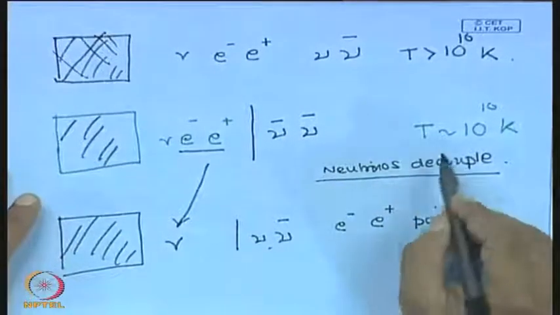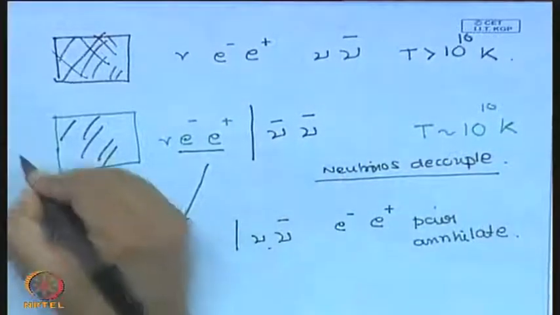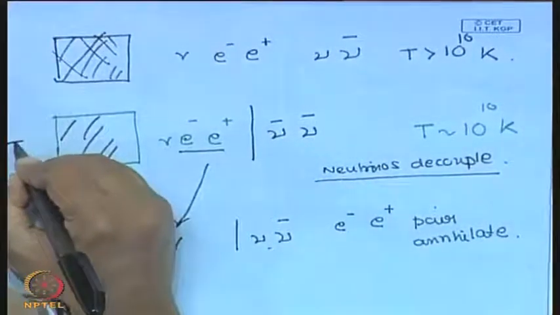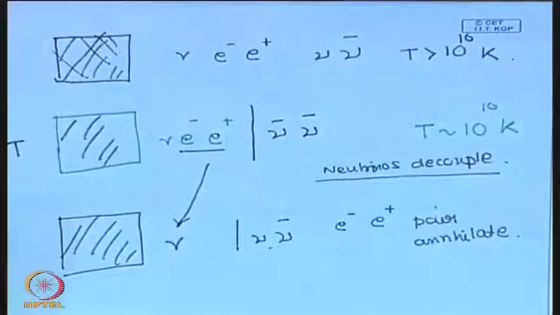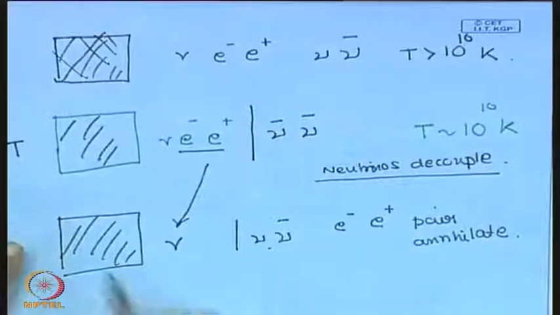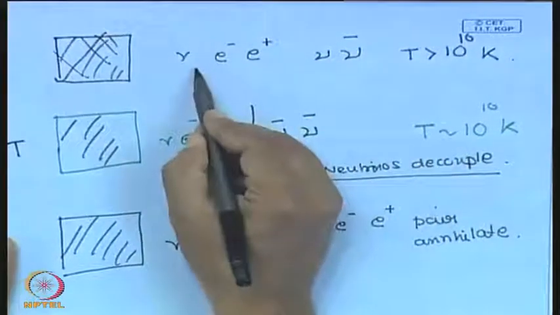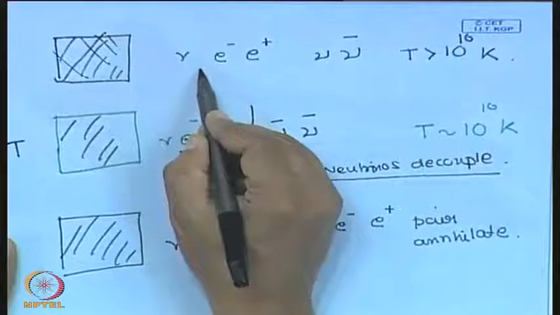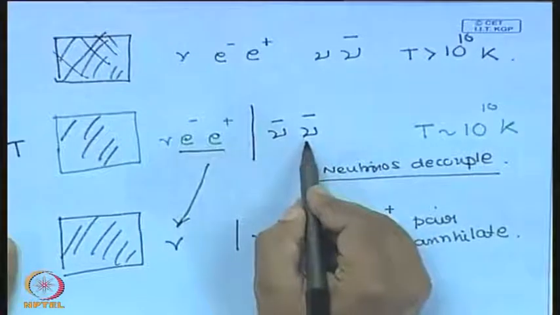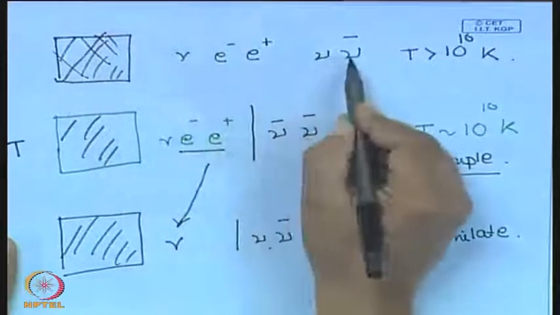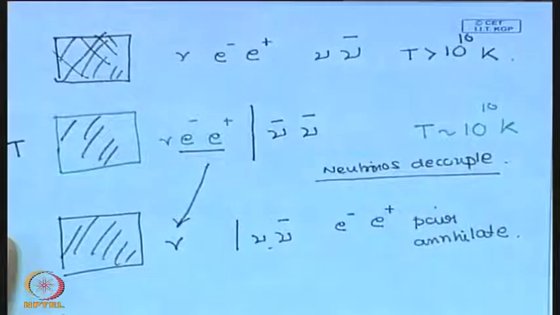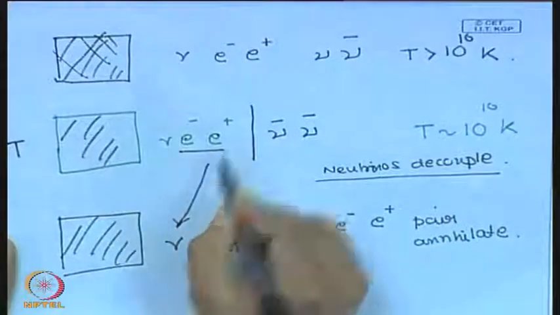So let us assume that this happens at a temperature T. The electrons, all of these species were in thermal equilibrium here. Even when they go out of equilibrium, the temperatures of all of them scale in exactly the same way as the inverse of the scale factor.